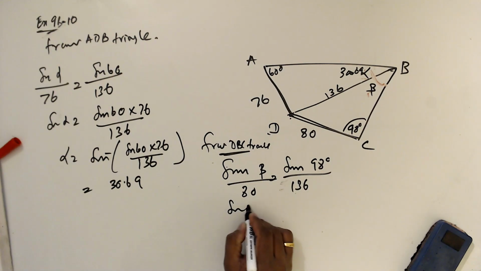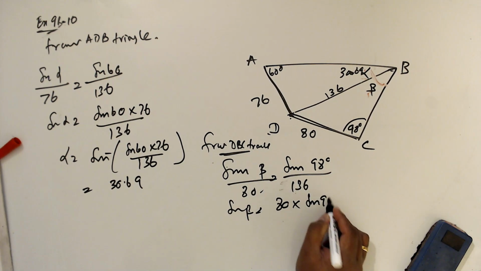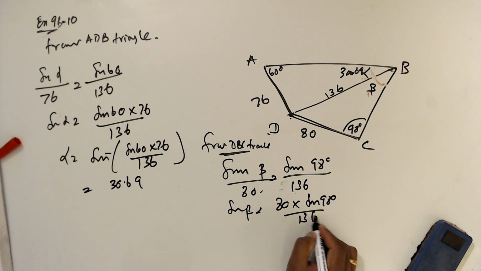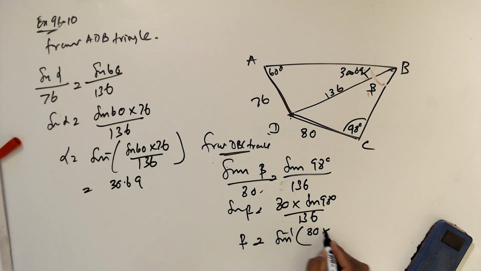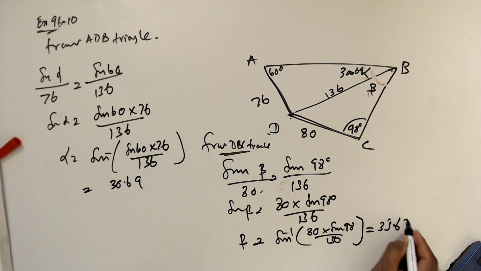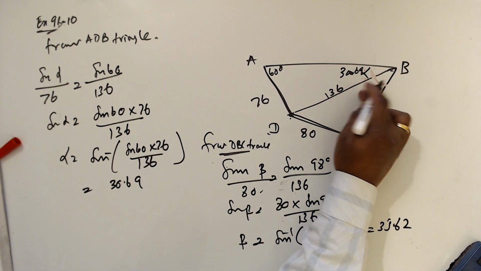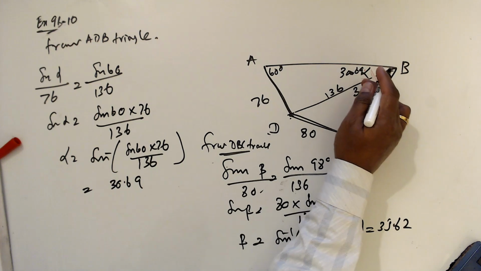Then sine beta equals, cross multiply, 80 times sine 98 over 136. So beta equals sine inverse of 80 times sine 98 over 136. That is 35.62. So this is going to be 35.62.